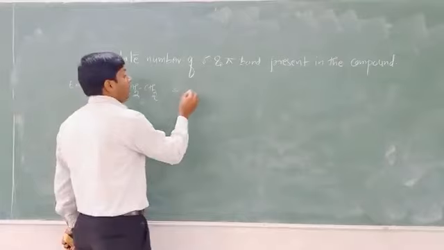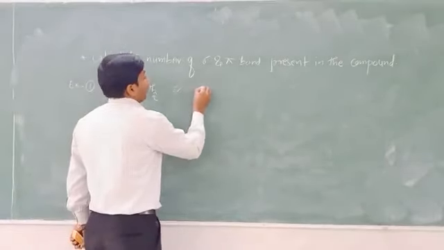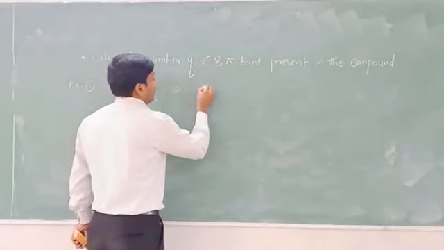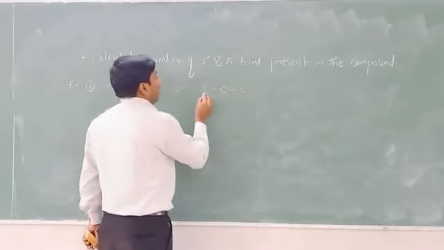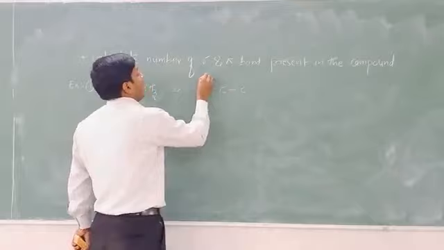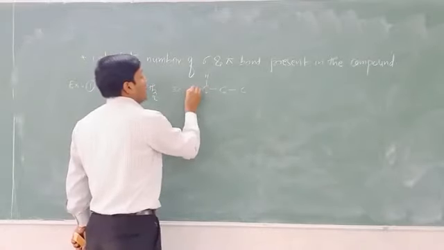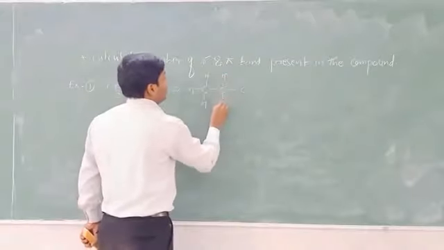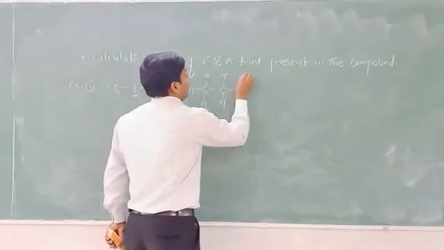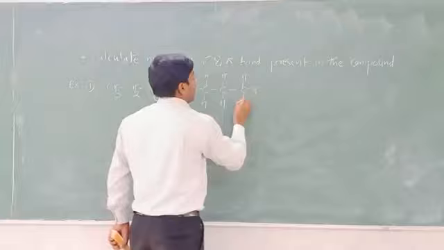I will write the complete structural formula of propane. First I write the three carbon atoms: 1, 2, 3. On the first carbon atom, 3 hydrogen atoms are attached. On the second, 2 hydrogen atoms are attached. Here 3 hydrogen atoms are attached.